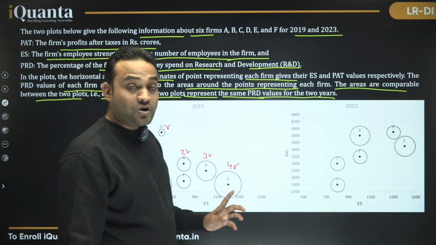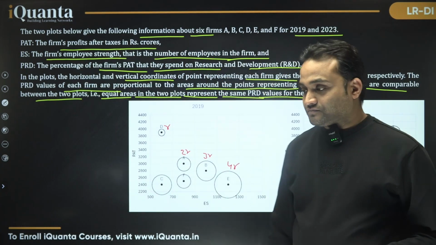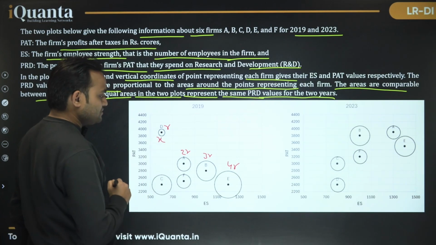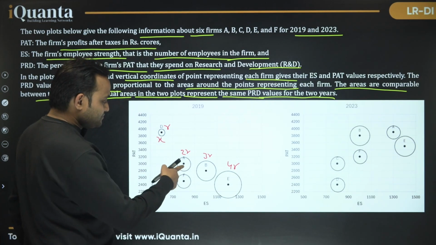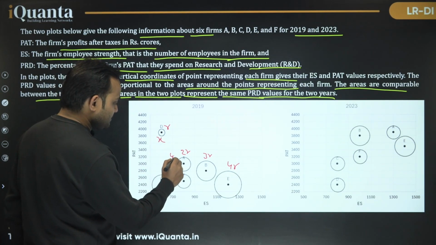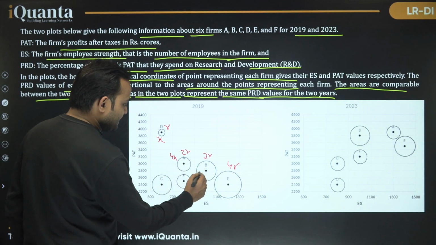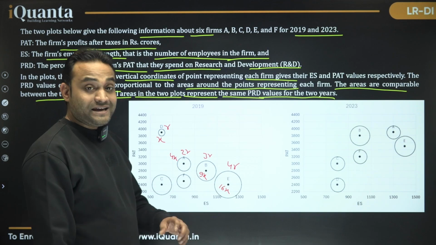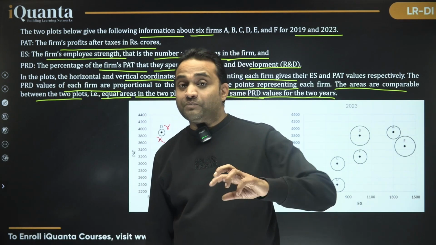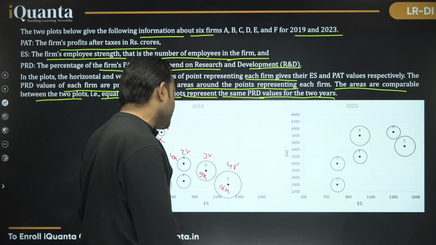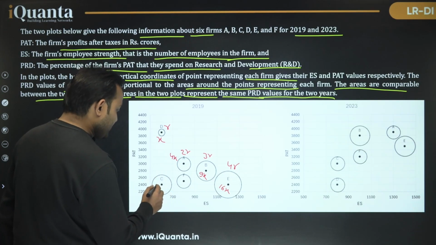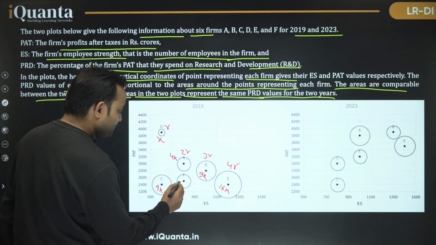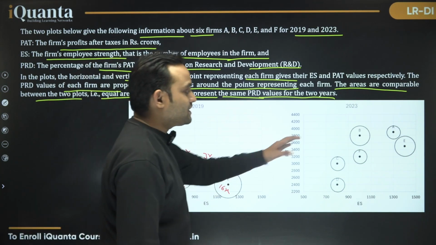So if this is x percent, then this must be 4x percent, this must be 9x percent, this will be 16x percent, because the area is pi r square, so it depends on the square of the radius. This will again be 9x percent, this will be 4x percent, and similarly in these cases.